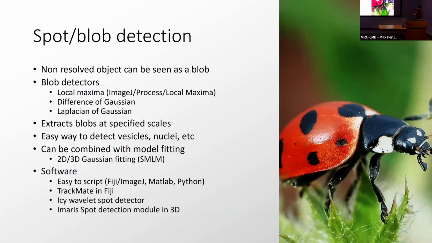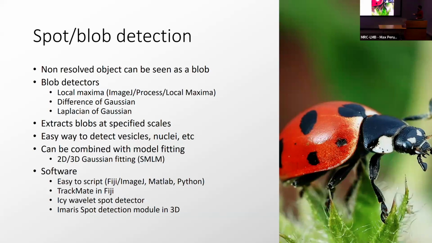You can look at the local maxima, the brightness spots. Here that would not work because the blobs are dark, but local minima will probably do something. But then often you need to pre-process your data with some sort of filtering, and this filtering will give you the scale at which you want to extract the blobs.